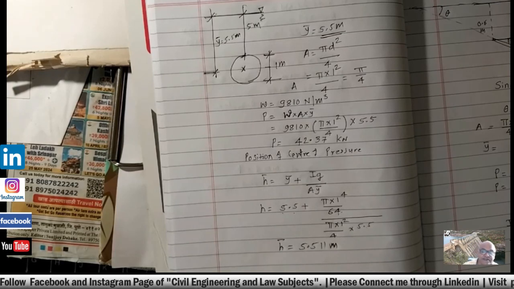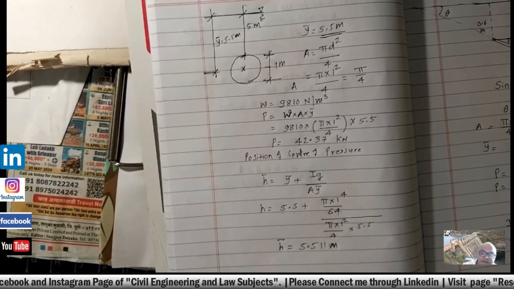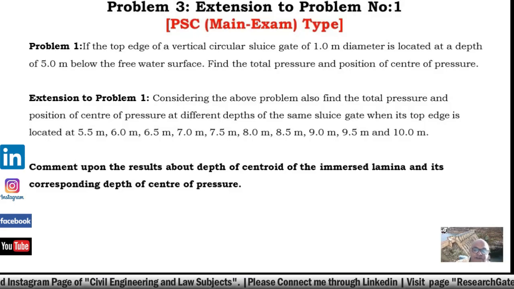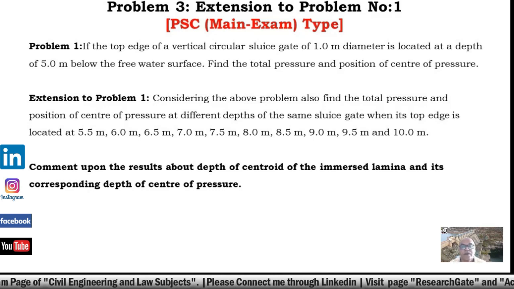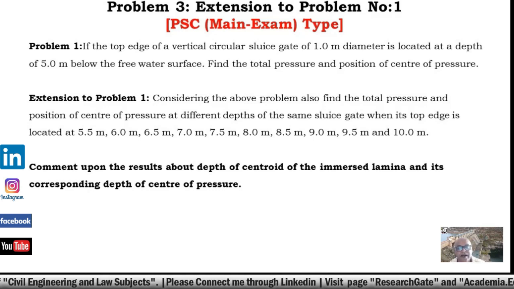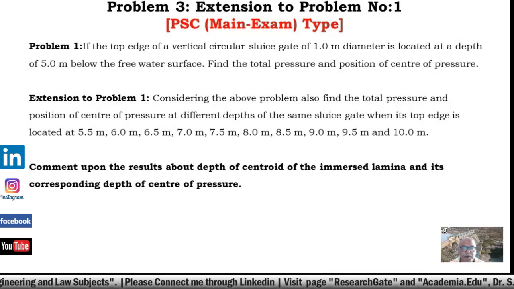Now there is an extension for this particular problem. Now what is that extension? Sometimes the PSC may ask such type of problems in their main examination.